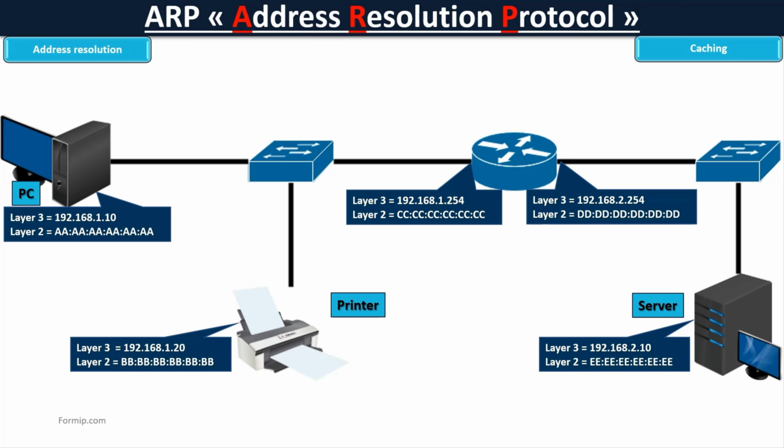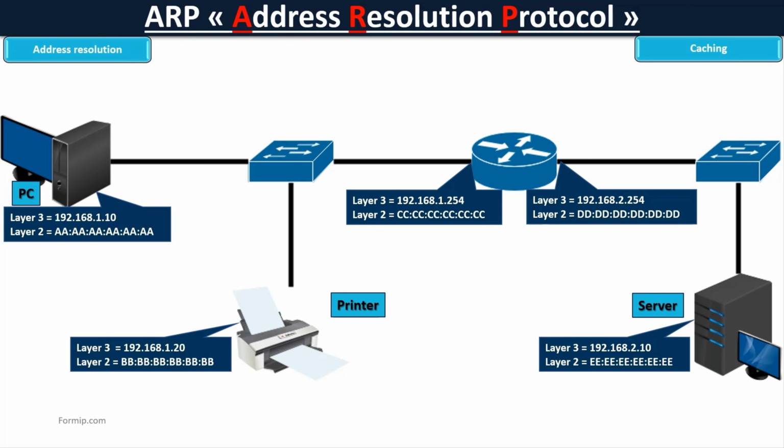This message includes its own IP address and the destination IP address. The device that recognizes itself then responds with its own MAC address. And upon receiving this response, the sender updates its correspondence table. ARP is a Layer 2 protocol, which means that its scope is limited to the local LAN.